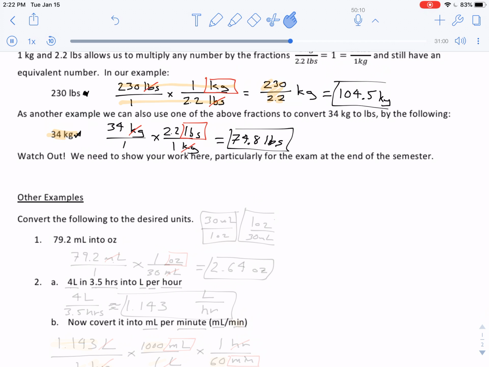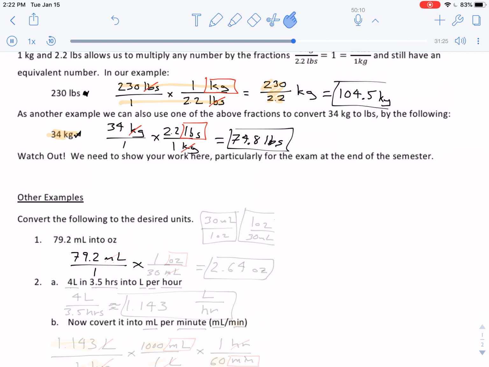So, for instance, if I wanted to convert 79.2 milliliters into ounces. Usually we go the opposite way, ounces into milliliters, but I just want to try and make sense of what we're talking about with conversions here. So, 79.2 milliliters. You can start off with that amount per one person or whatever we're talking about.